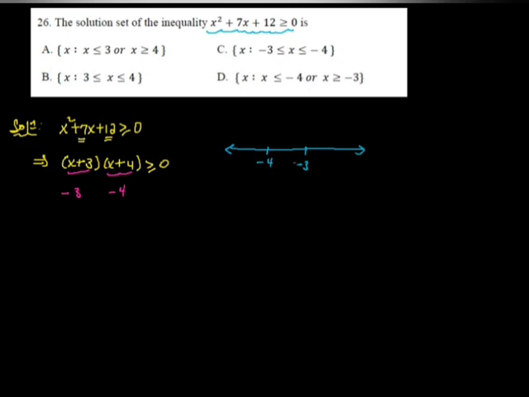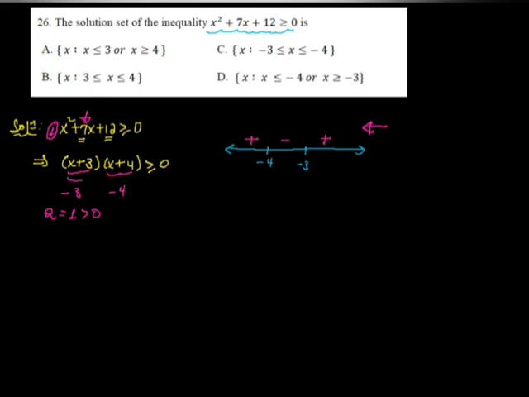Always the smaller number should be on the left. Now I want you to pay close attention here: the value of a, the x square coefficient, is 1, b is 7, c is 12. What matters now is a. A is 1, which is positive. If a is positive, I go positive, negative, positive; if a is negative, I go negative, positive, negative. So since a is positive, going from right to left I have written plus minus plus.